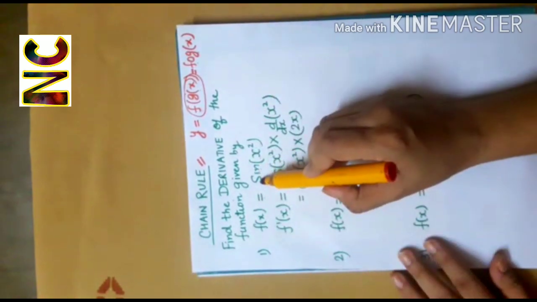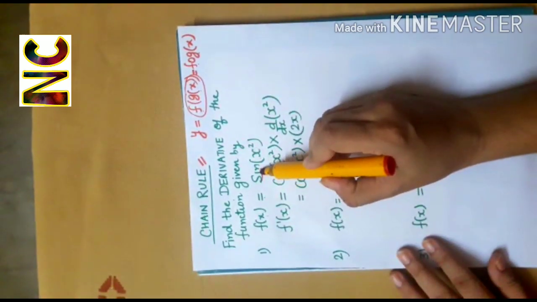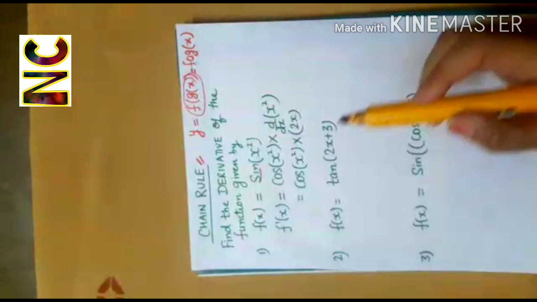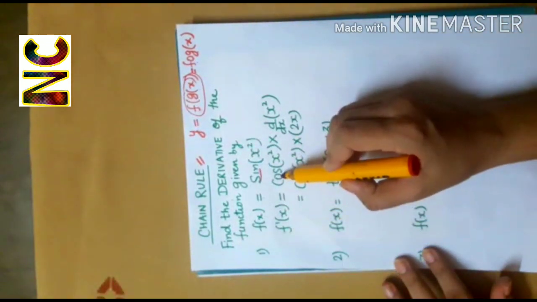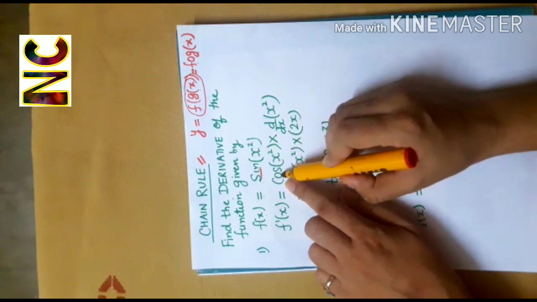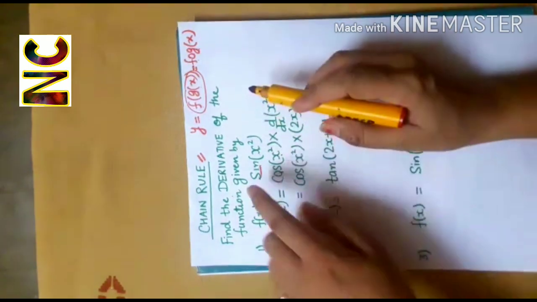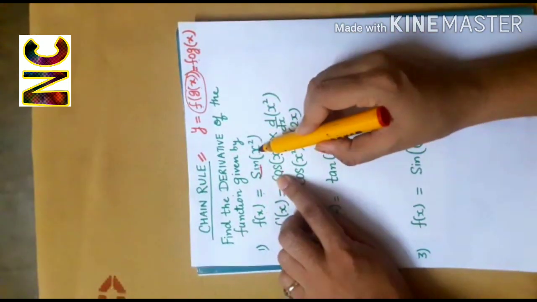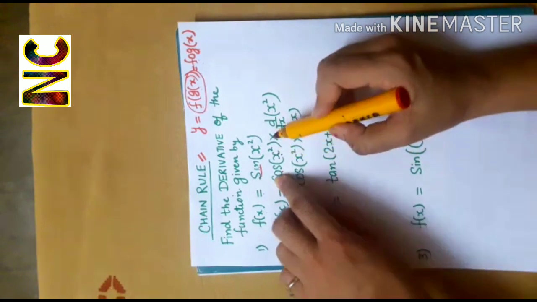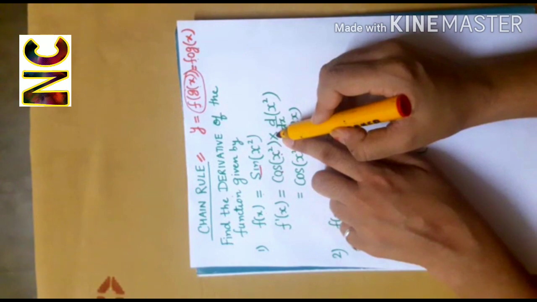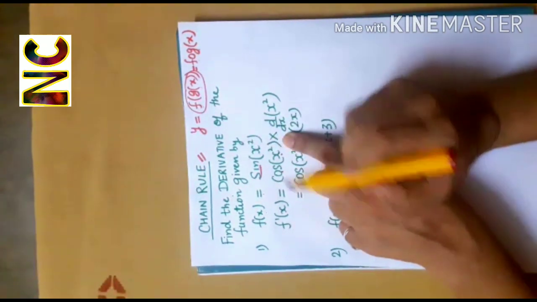Now here the outer function is sine function, and we know that derivative of sine function is cos x. So I'll write here cos and do not change the inner function. So I'll write this as cos x square. Derivative of the outer function and do not change the inner function into, chain rule says, then multiply this with the derivative of the inner function.